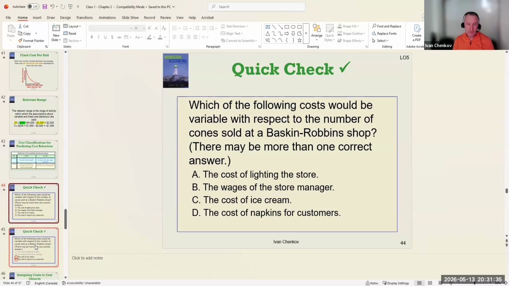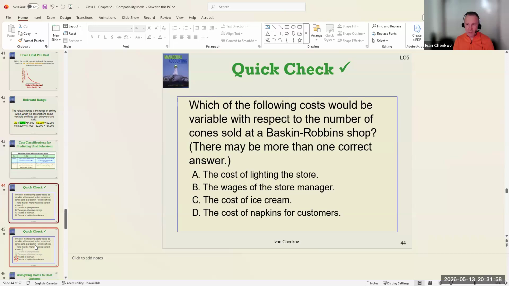Which one is a fixed cost? Which one is a variable cost? And think, if I am a manager, what can I do about this? And from which cost can I make more money? Try this exercise and next time tell me how it works.